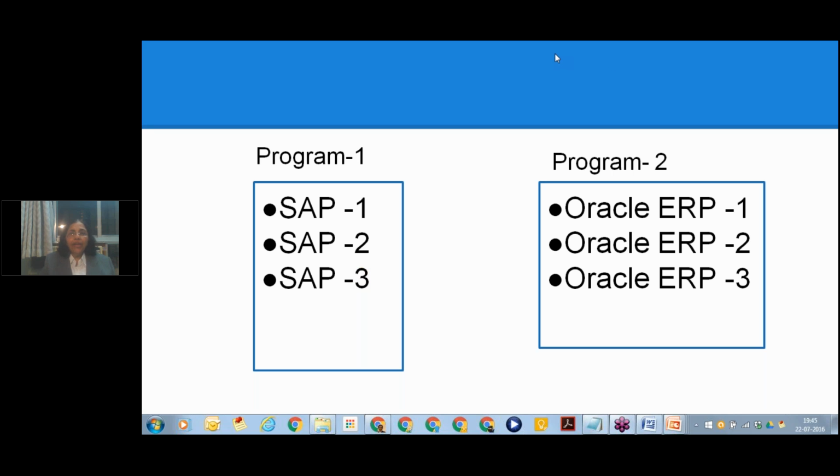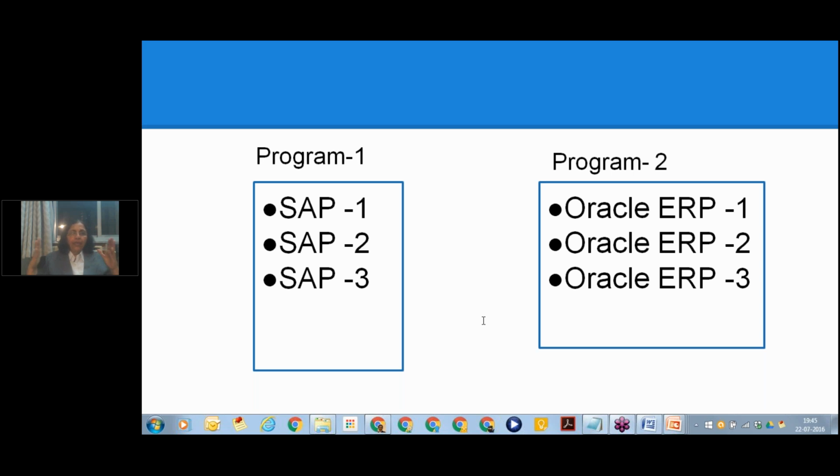Okay. So in our organization, there are two programs, program 1 and program 2. One program is SAP, another program is Oracle. So when we group similar projects together, what we have is a program. And when we group similar programs together, what we have is a portfolio. I'm giving you very broad examples and explanation. I'm not talking about technical definitions because that's not required. Okay?